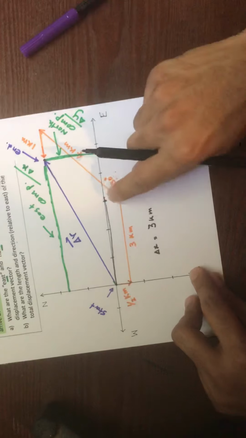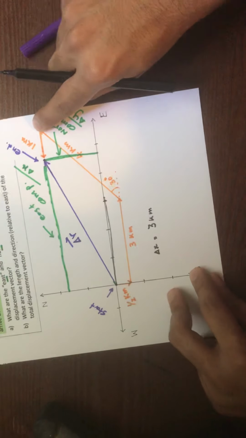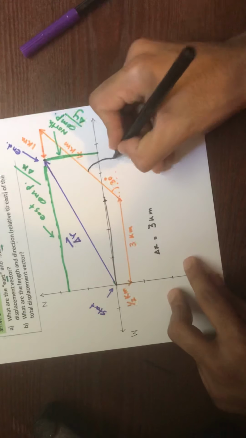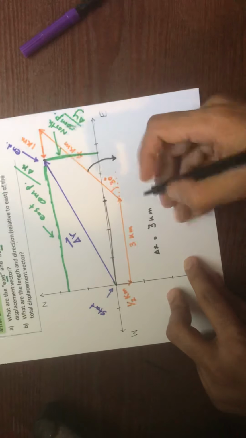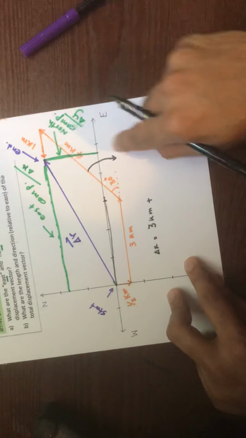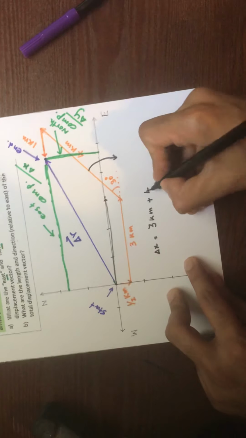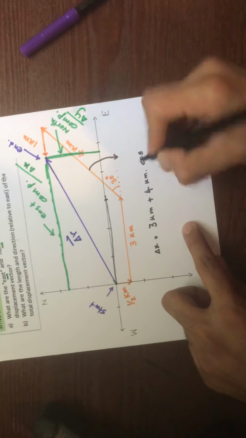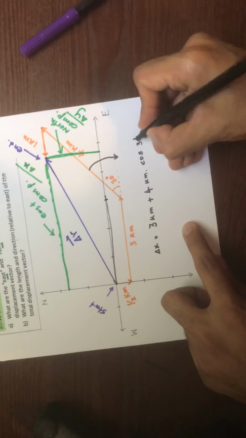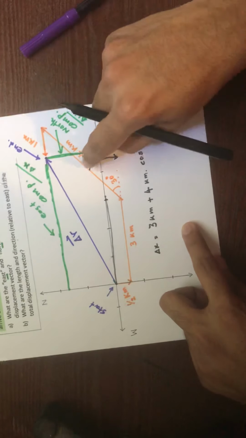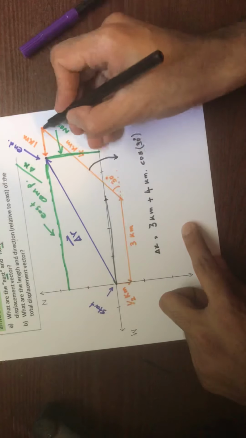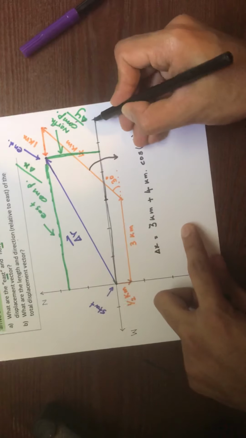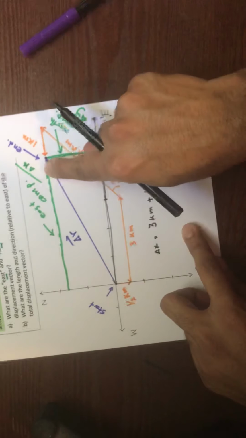From this point, it is a vector with an angle. I need only the east component, the x component. To the direction of the angle, it is going to be a cosine. This is still in the positive direction, so 4 kilometers times cosine of 30 degrees. If I do that, I will get to the projection right here, but I need up to this part.